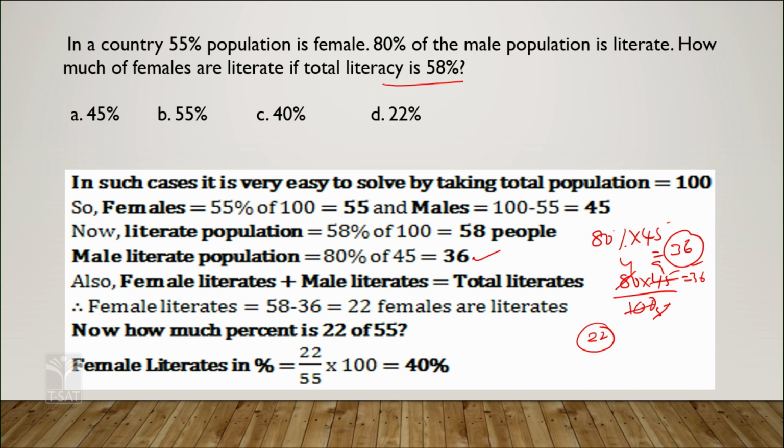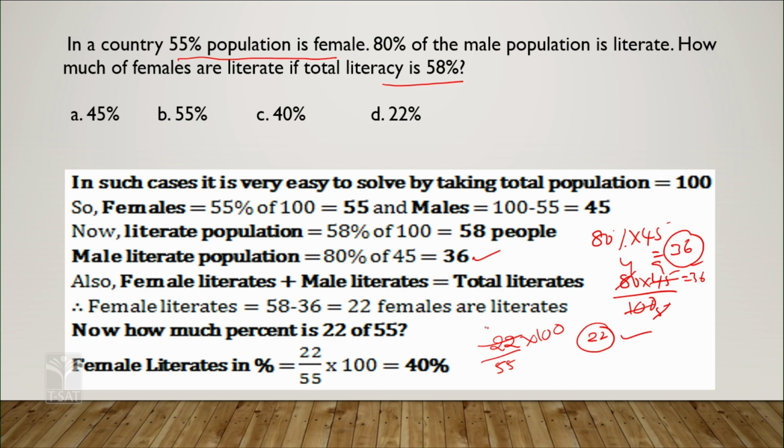But what is given? How much of the females are literate? Here 22 females are literate out of 58, and 36 males are literate, correct? Means you have to calculate, because 55% of the population is female, don't get confused. So, you have to calculate 22 out of 55 into 100.